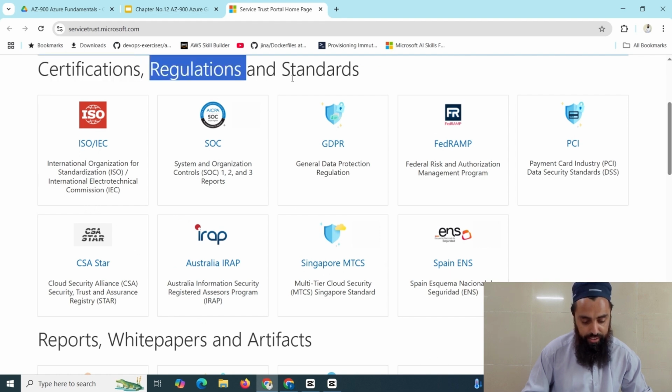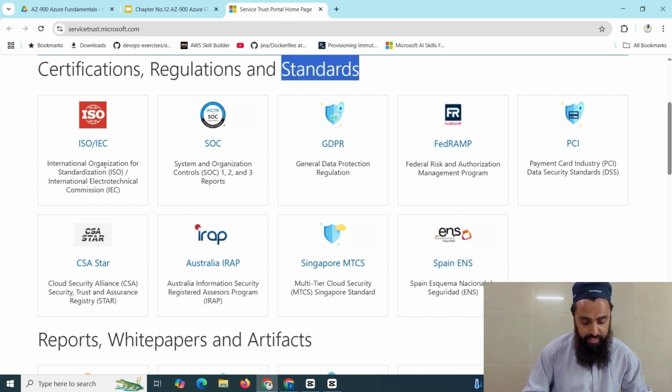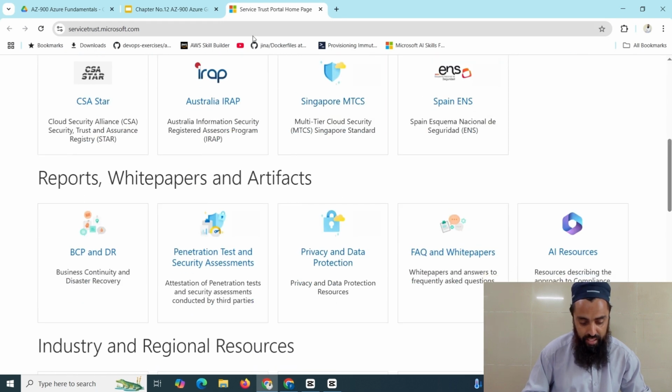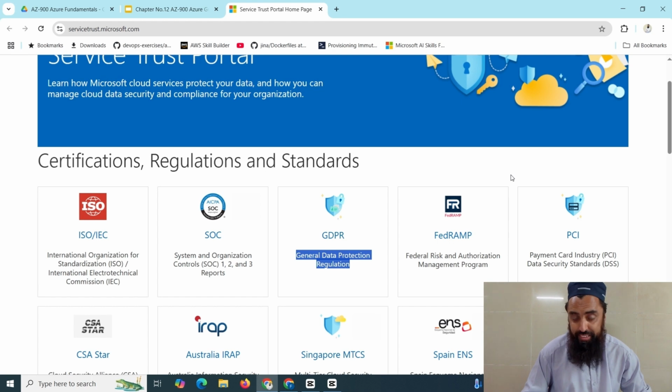Each certification, ISO, International Organization for Standardization, regulations, System and Organization Controls, SOC, General Data Protection Regulation, and FedRAMP, PCI compliance, CSA, every standard, regulation, and certification is mentioned on this Service Trust Portal. Now you can see reports, white papers, and artifacts. So this is actually for general knowledge. So you must check it out.